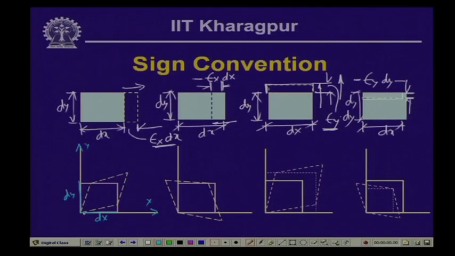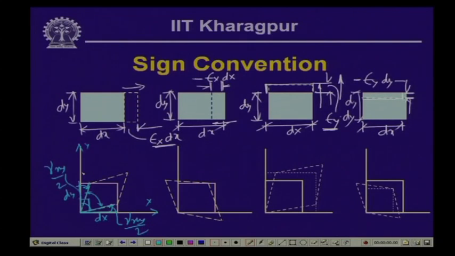Here it is oriented in this form, so the angle which was 90 degrees before is now reduced, and hence this shearing strain is called positive shear strain. Here in an anti-clockwise direction it is moving in this form, here in a clockwise direction it is moving in this position, and we call this gamma xy by 2 and gamma xy by 2.